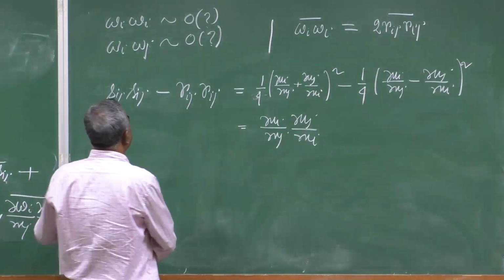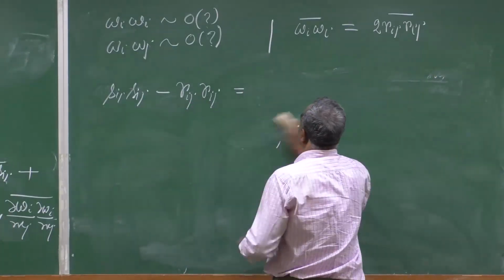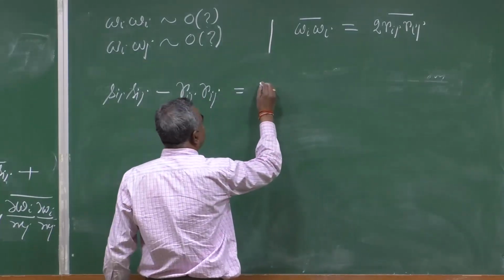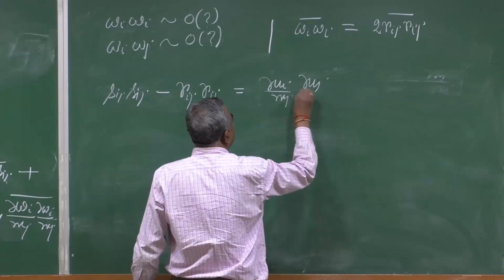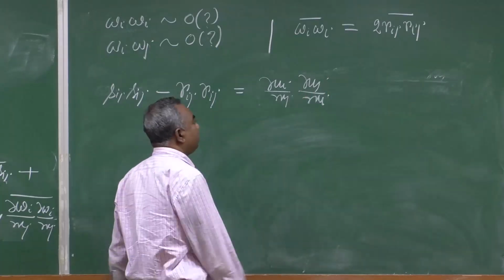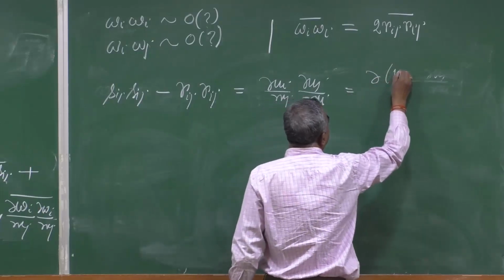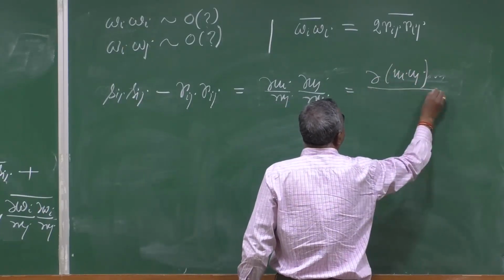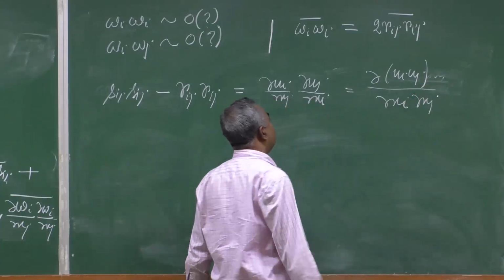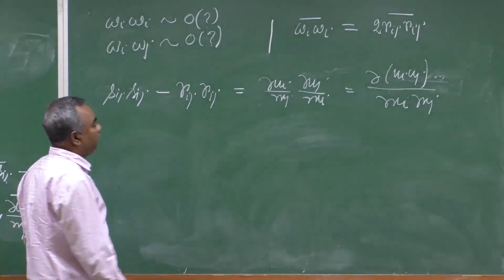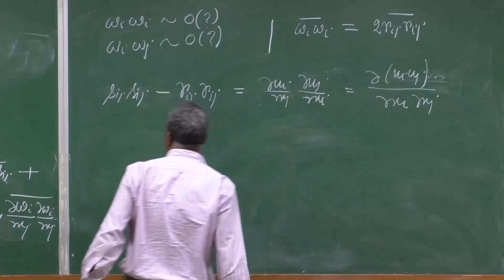So, essentially this minus this we can write simply as del u I del x j del u j del x I, and this can once again be written as del u I u j del x I del x j. Okay. How? That is what we have to figure out. Let us start with this.